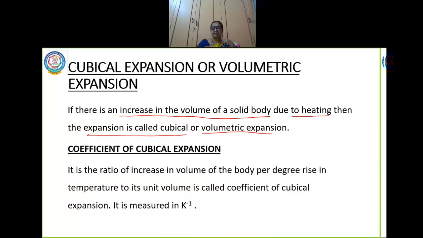So when you heat the body, if the volume of the body is getting changed, then you call it cubical expansion, and it is also measured as the ratio of increase in volume of the body per degree rise in temperature to its unit volume, called coefficient of cubical expansion. Again, it is measured in per Kelvin.